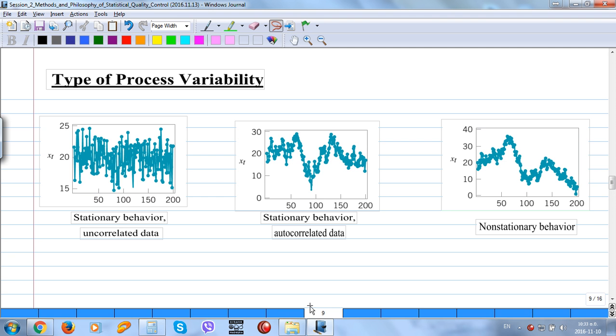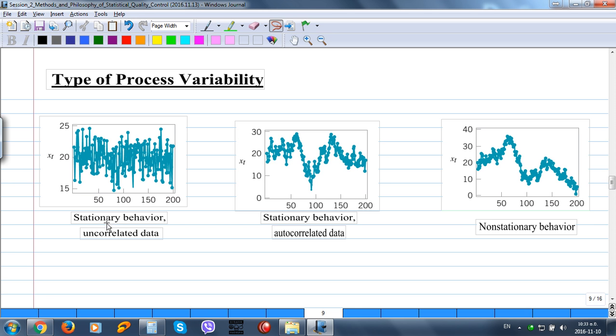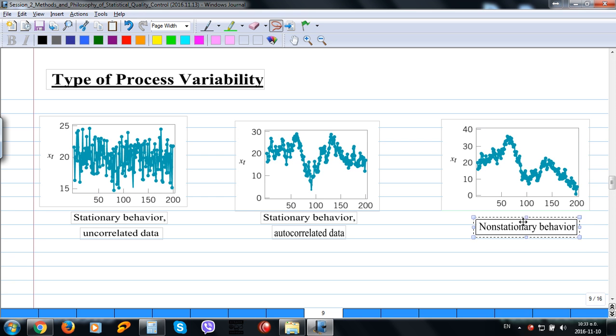And types of variability, right? There are 3 types of variability. The first one is stationary behavior, uncorrelated data; the second type is stationary behavior, autocorrelated data; and the third one is non-stationary behavior. These 3 types of process variability can be seen in processes.